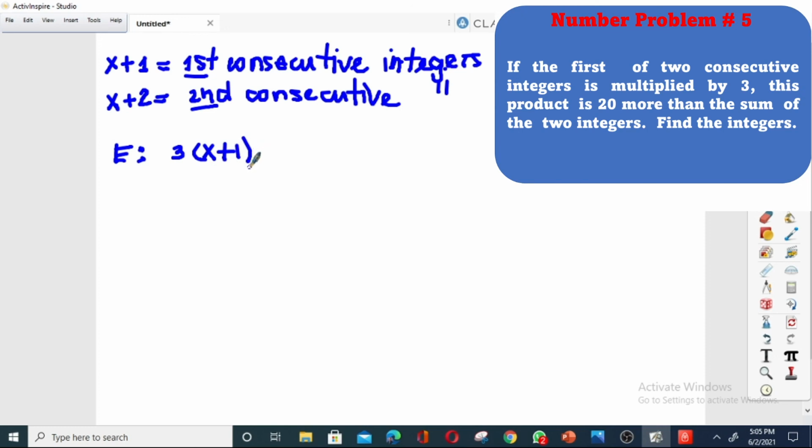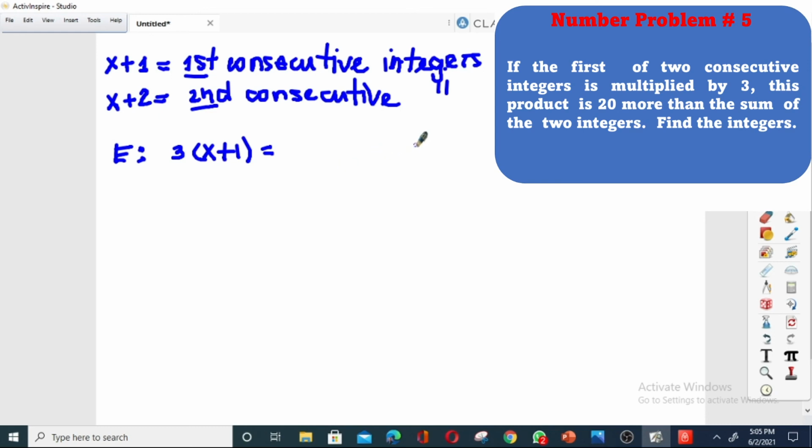If the first of two consecutive integers is multiplied by 3, this product is, so that means whenever you see the word is, that is equivalent to the equal sign. So their product is 20 more than the sum of the two integers.